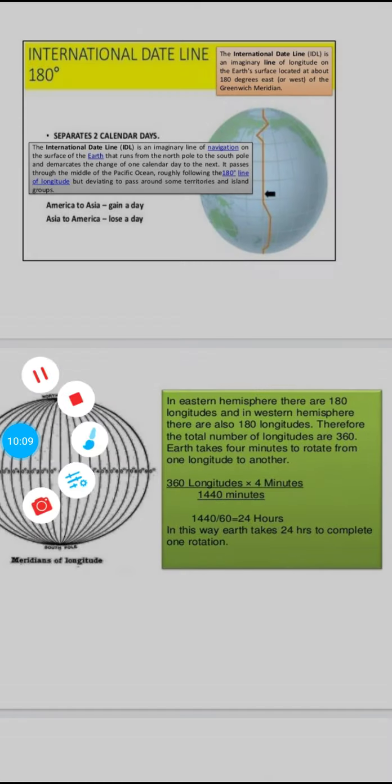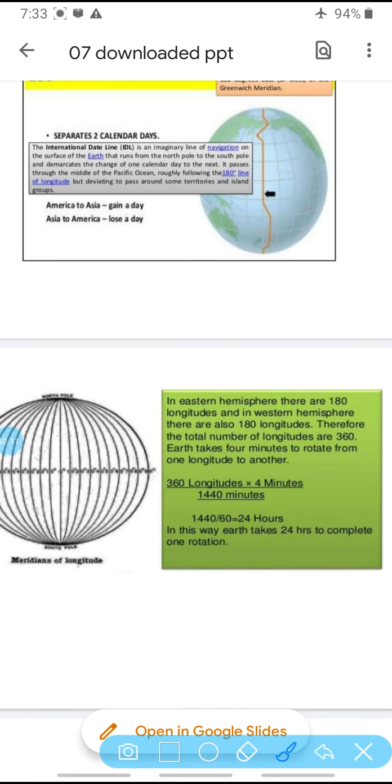You can see what we have done. There are 360 longitudes, multiplied by 4 minutes, because the earth rotates and covers one longitude in 4 minutes. Then there are 1440 minutes, which comes from 4 multiplied by 360.